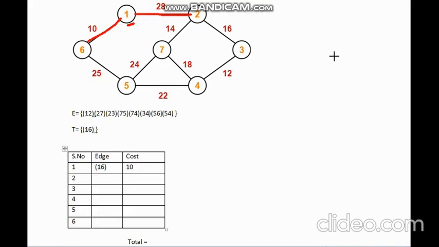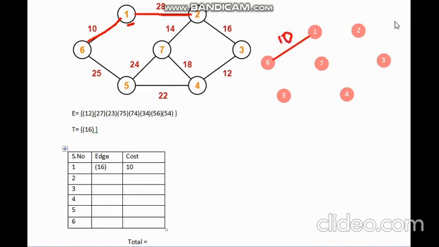And we should take the vertices of the given graph without edges first. Then I chose 1, right? So from 1, 1 to 6 is our least edge with cost 10.